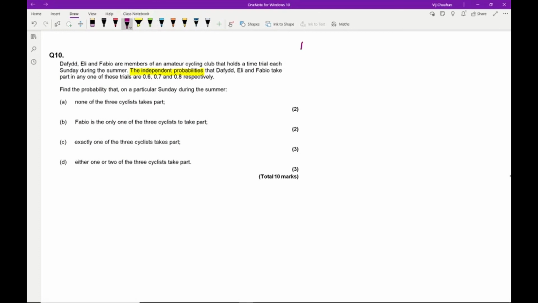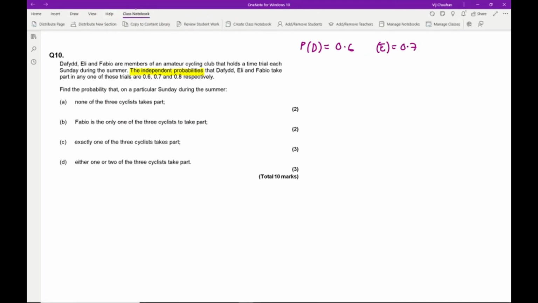So first thing we know is that the probability of D equals 0.6, the probability of E is 0.7, and the probability of F is 0.8.